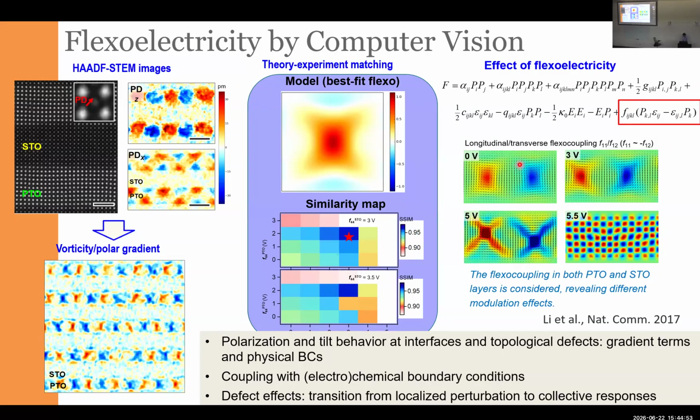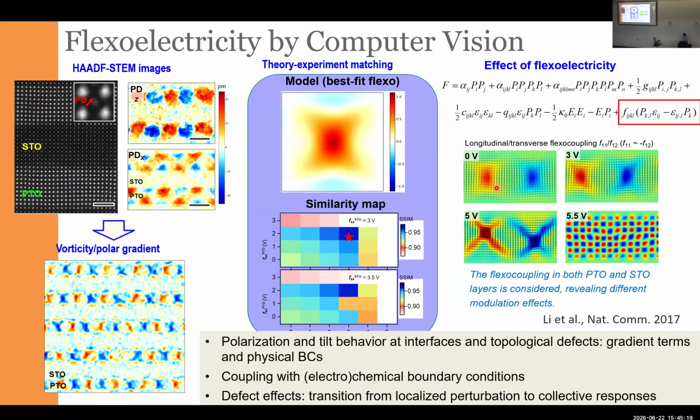So what we want to do is to somehow get the value of this flexoelectric tensor. It turns out that if we have the electron microscopy observation of the vortices, then we can do the phase field simulation of the vortices, and the shape of the vortex would be very much dependent on the magnitude of the flexoelectric effect.